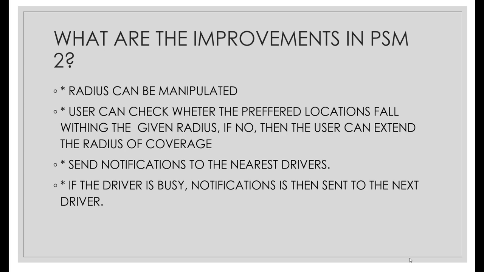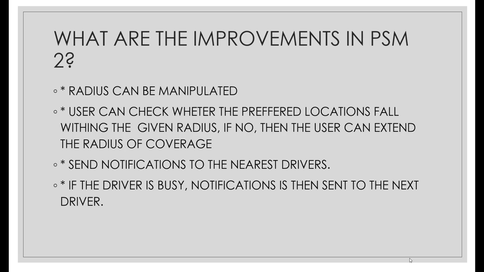Because this is a startup application, let's assume that somebody went into an area where the service is not available. So definitely he will need to extend the radius. That is why, as a startup, we are allowing the user to extend the radius.